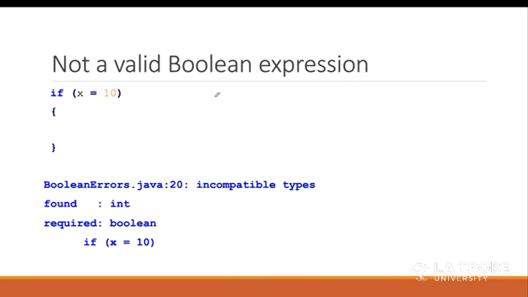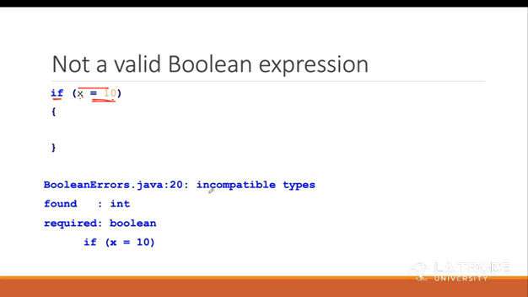So the first one is not a valid Boolean expression, because you are assigning 10 to x, and this whole thing won't result in a Boolean. We need to have a Boolean here if we are using an if condition. This will result in assigning 10 to x, and it will never give you a Boolean as an expression.